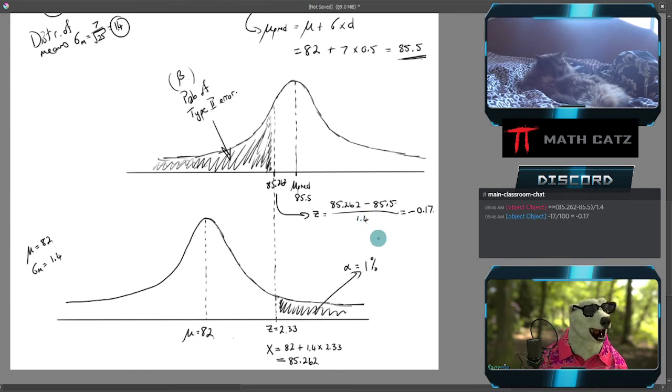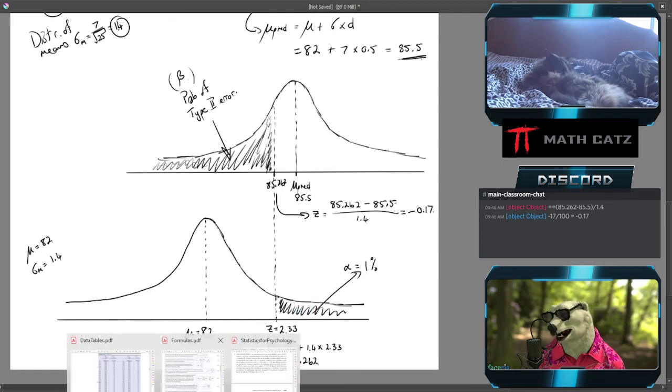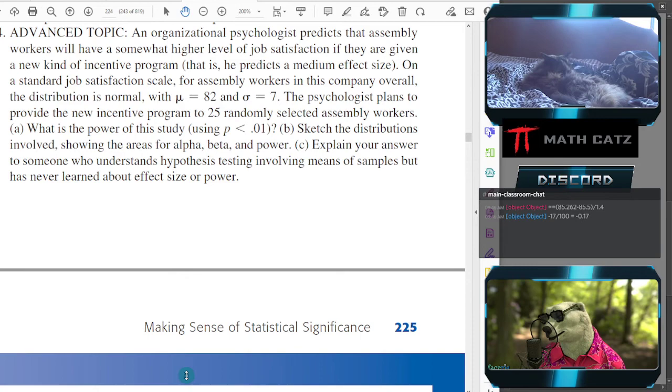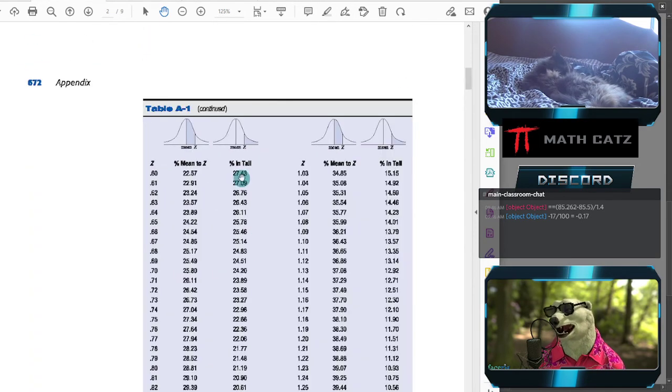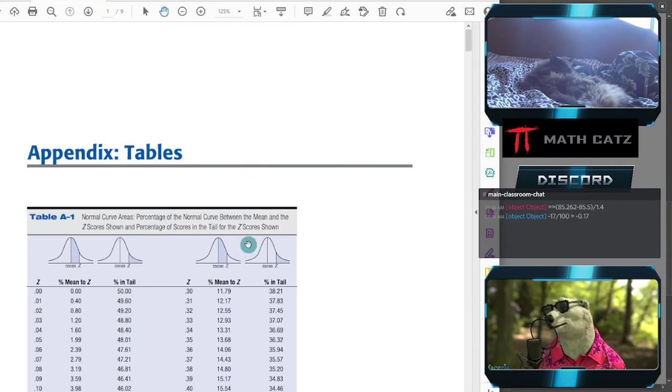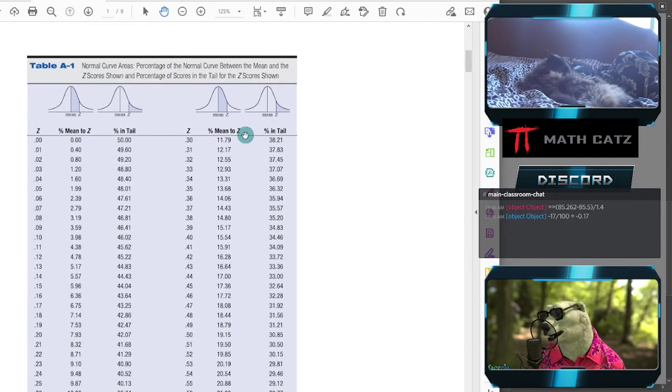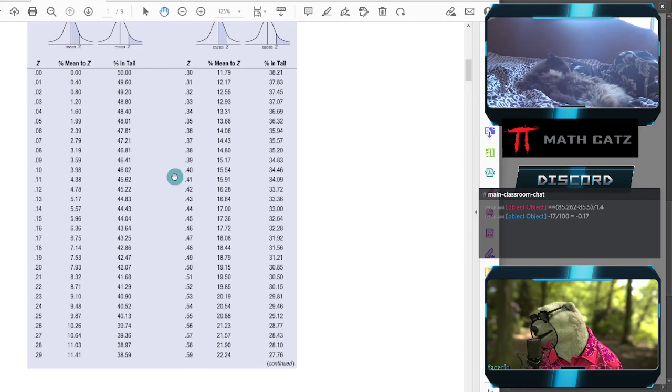So now we're going to look at our table, negative 0.17 for my z-score. Now, these z-scores are all positive. I'm looking for 0.17. 0.17 is over here.